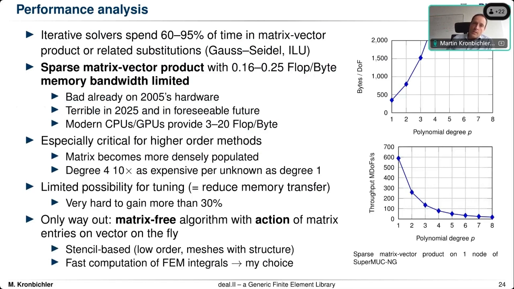And the problem is that these kind of matrix vector products have a low arithmetic intensity. We could call it memory limited. So really the performance of them is not given by the compute performance, but by the memory bandwidth of the various architectures. Just to give you a number here, the algorithm is using like 0.16 to 0.25 flops per byte in terms of memory access versus arithmetic operations.